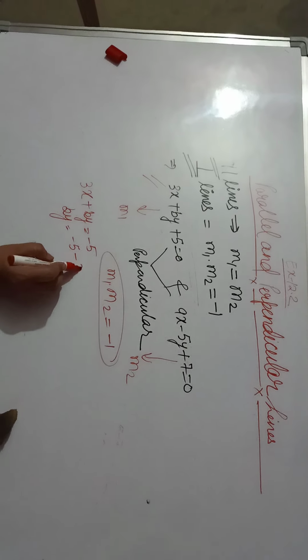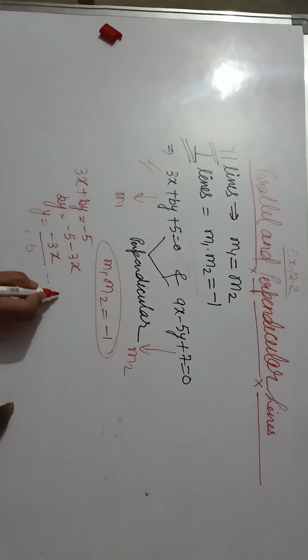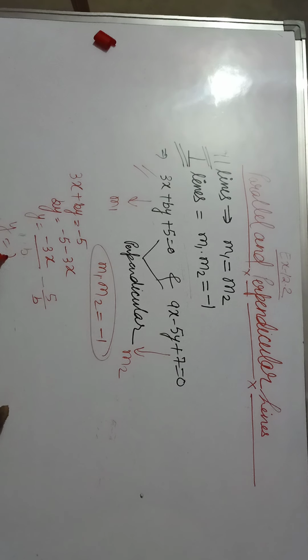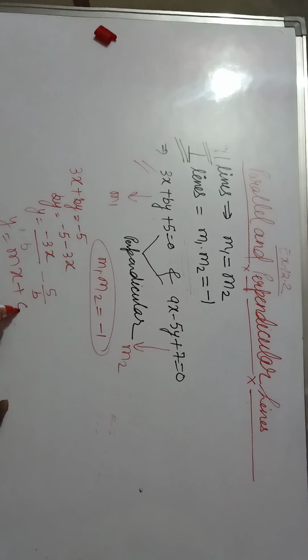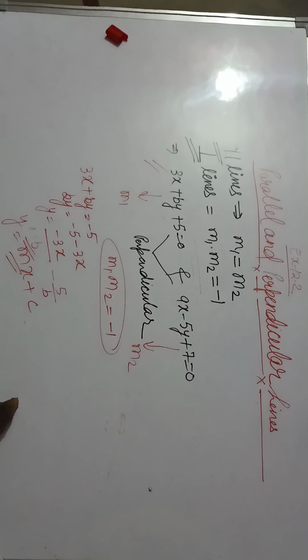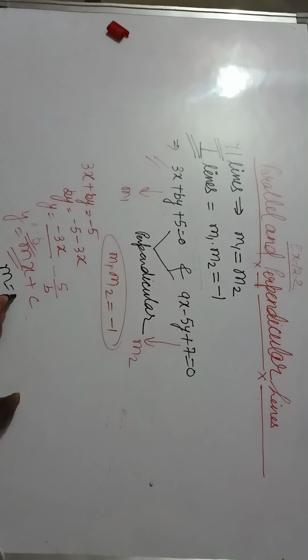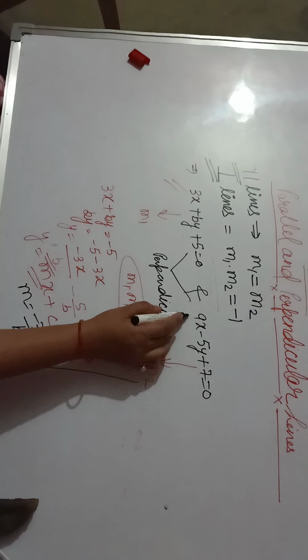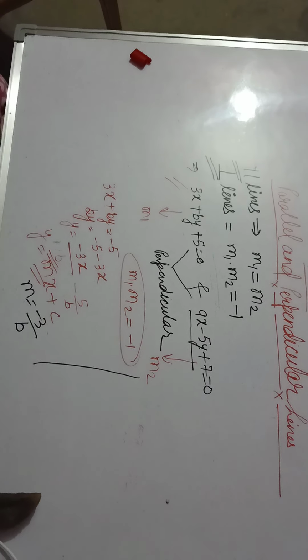So y is equal to, first writing the x term, minus 3x by b minus 5 by b. By comparing with y is equal to mx plus c, the value of m is minus 3 by b.